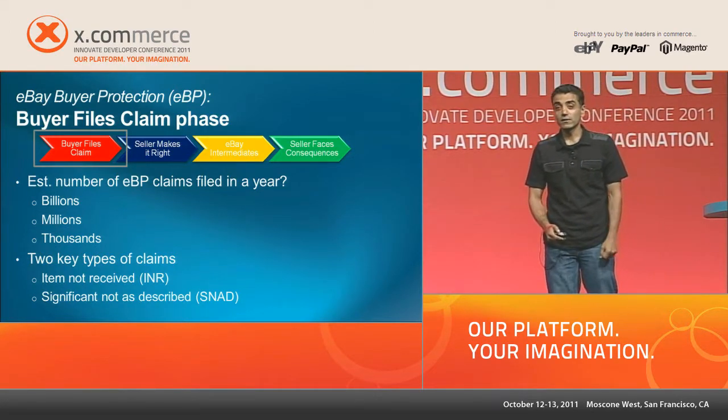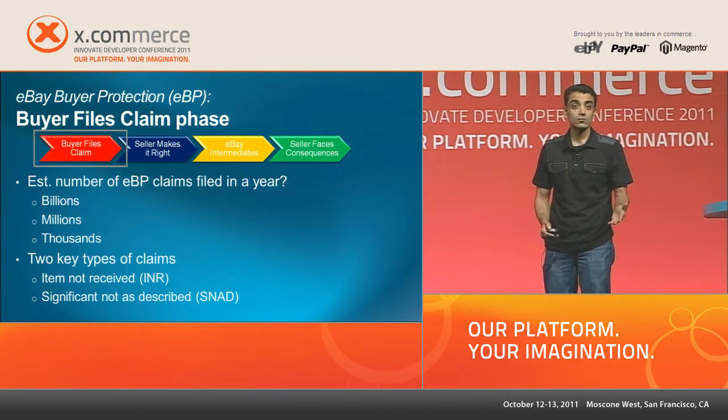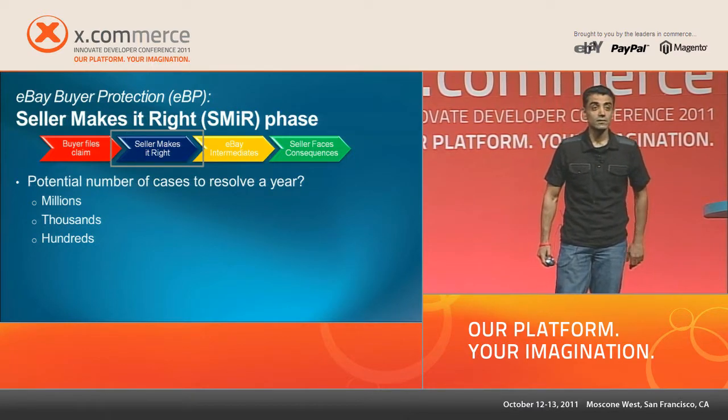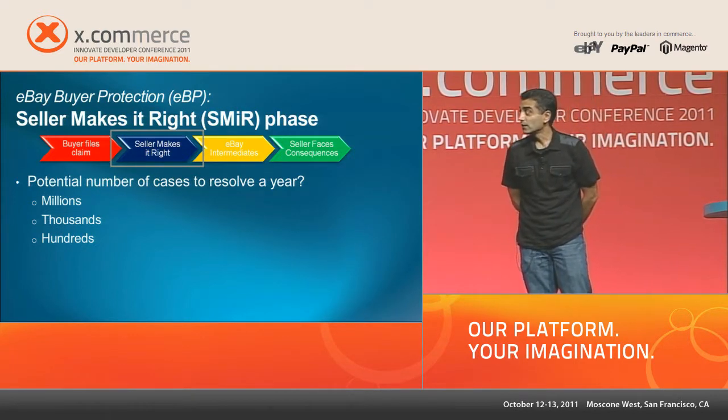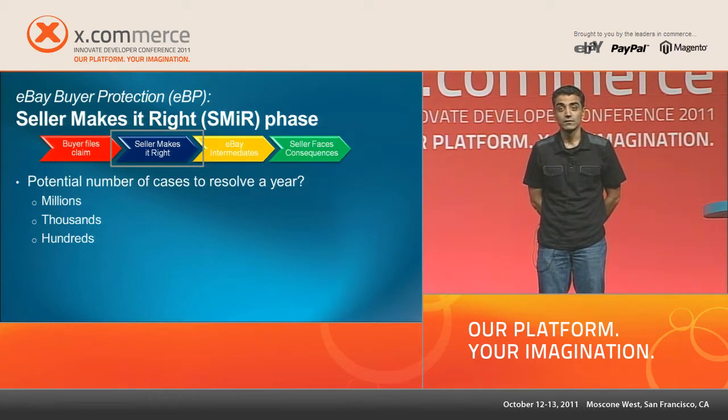Now, let's say the buyer files a claim, and as a seller, the next thing is the seller is notified by eBay. And the next phase is what we call seller makes it right, or SMIR. Let me ask you, how many cases on average do you think a seller typically gets? Is it within the hundreds? Anybody for hundreds? No? What about thousands?